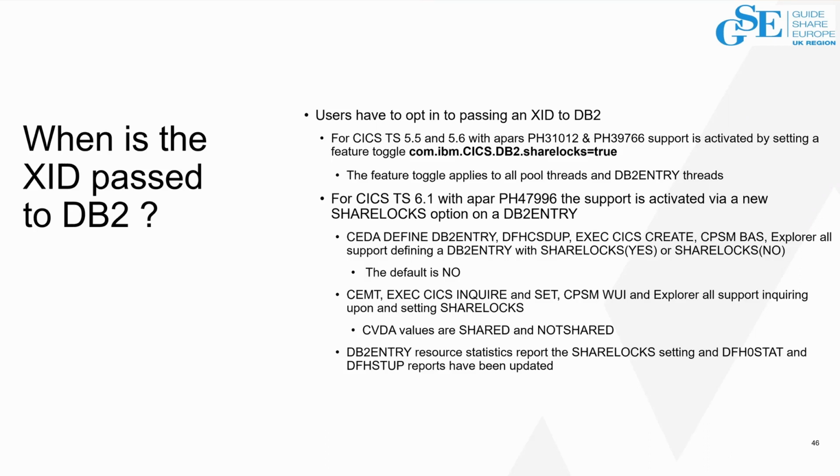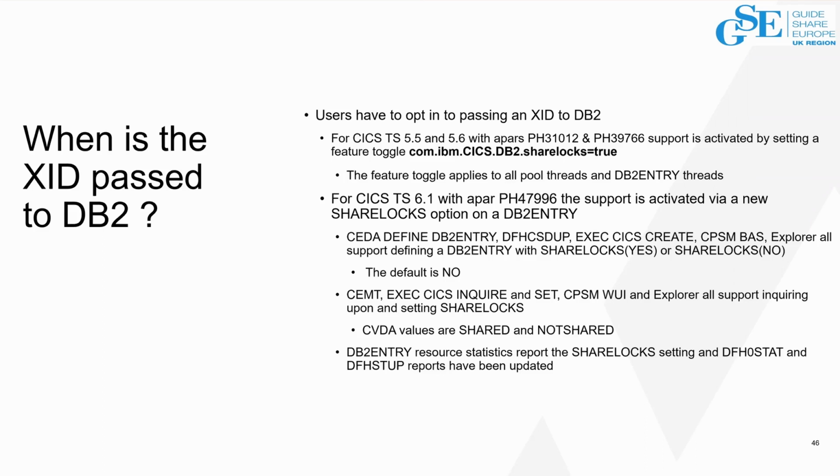In 6.1, we can be a bit more granular, and we've removed the feature toggle in 6.1 and replaced it by a new share locks option on the DB2 entry. In the same way that if you want protected threads, for example, you specify that via the protect num option on a DB2 entry, if you want this share locks capability, you turn it on via the share locks parameter on the DB2 entry.